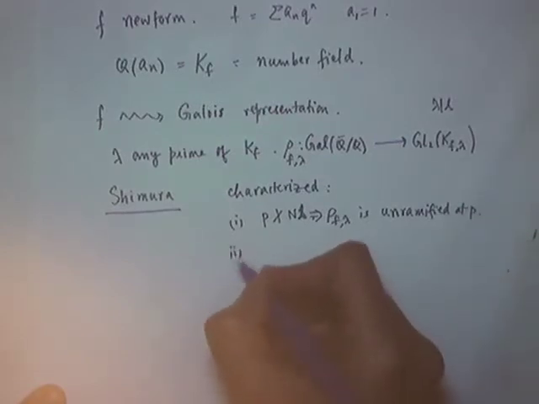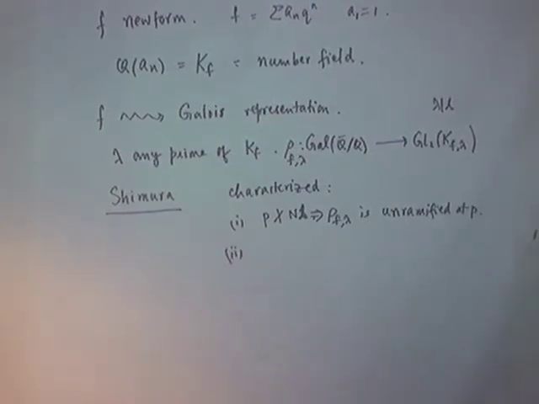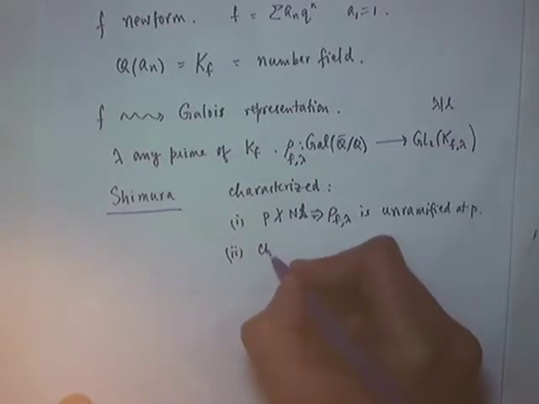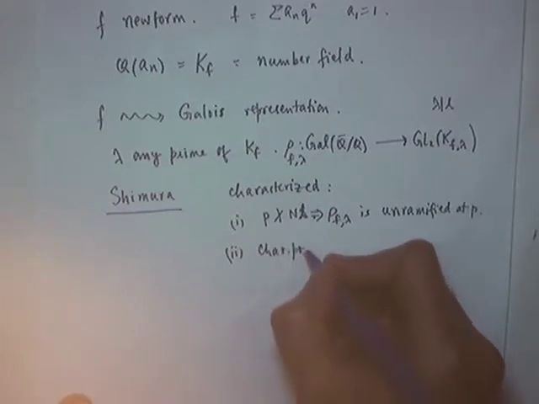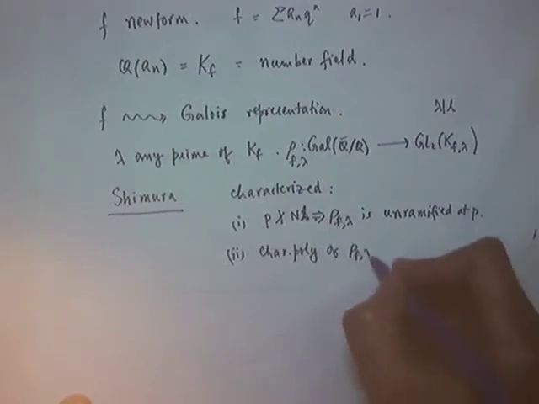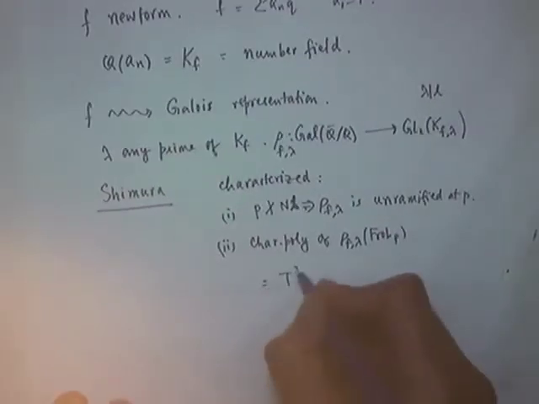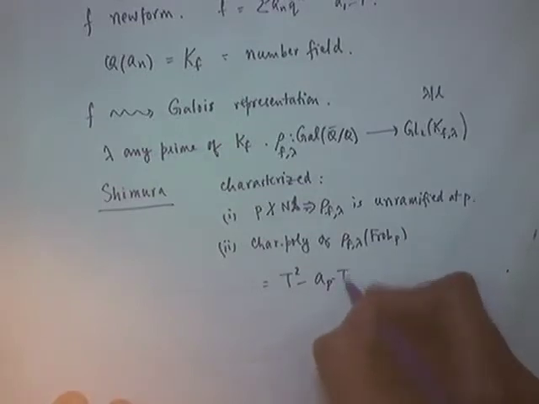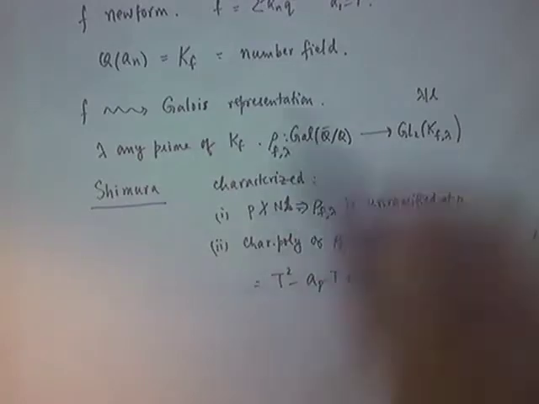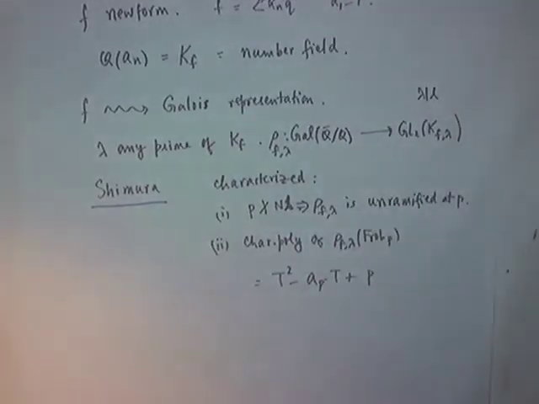And secondly, we can say precisely what the characteristic polynomial of Frobenius at p is. So the characteristic polynomial of rho_{f,lambda} of Frob_p is t squared minus a_p t plus p, where a_p is the same a_p that comes up in the Fourier coefficient. So it's the pth eigenvalue.